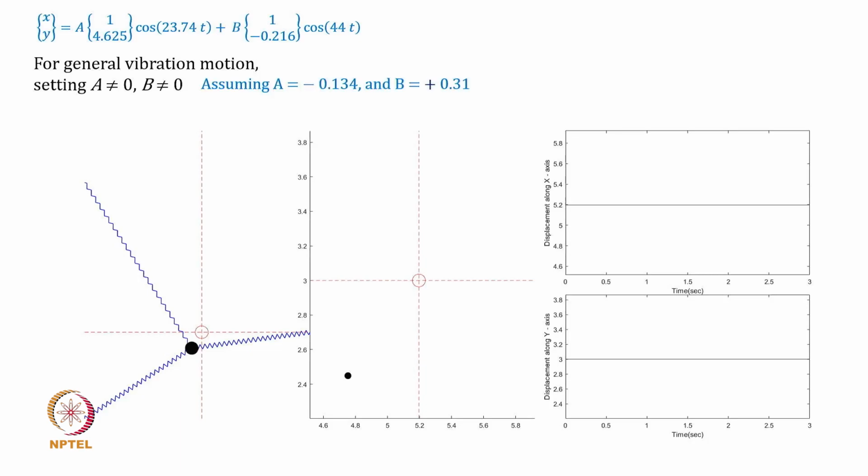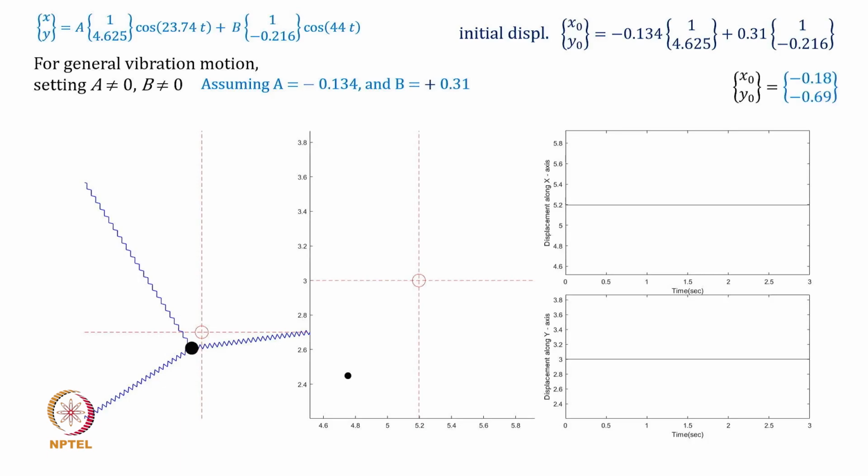So we take some arbitrary a and b values, and with that the initial displacement turns out to be minus 0.18 and minus 0.69. That basically is the initial displaced position of the mass at t equal to 0.